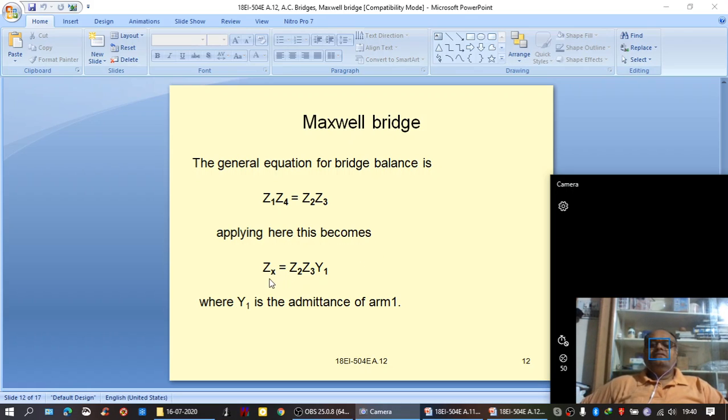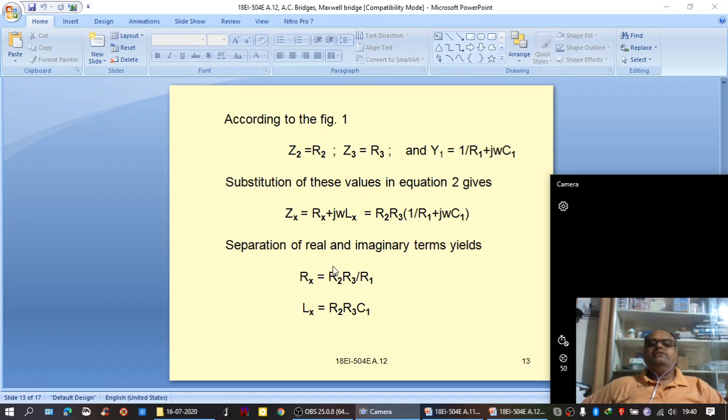And what is Zx? Rx plus j omega Lx. Z2 is R2, Z3 is R3, Y1 is 1 by R1 plus j omega C1. Let us substitute those values here in the equation.